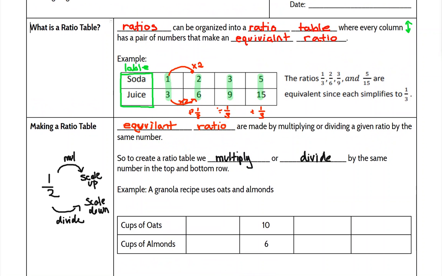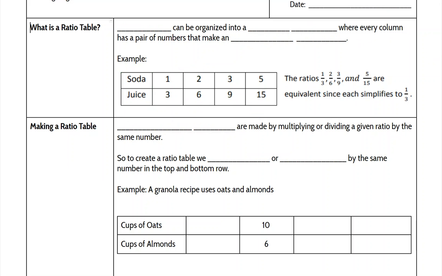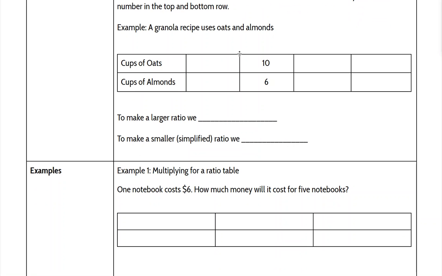All right, I'm going to go ahead and erase what we have. Okay, so we have a granola recipe, and our current granola recipe uses oats and almonds. So you'll notice the very first thing they did was label oats, almonds. And the ratio table that we've been given has a ratio of 10 cups of oats and 6 cups of almonds. So if I wanted a smaller batch, because maybe granola is not my favorite thing in the world, I could scale it down.